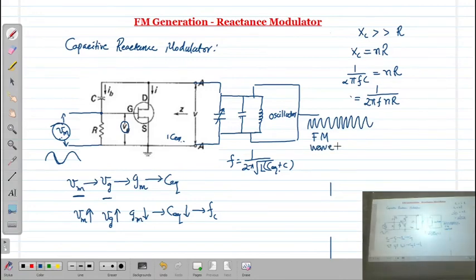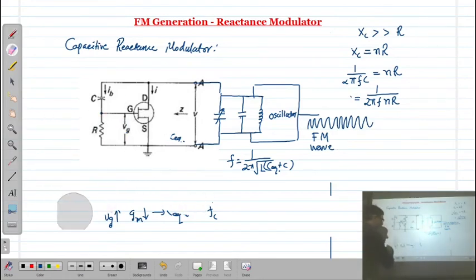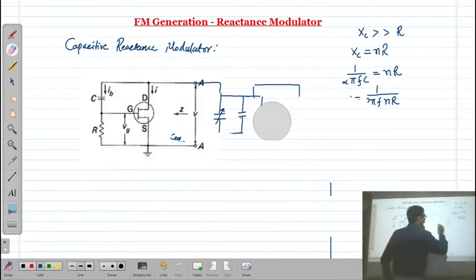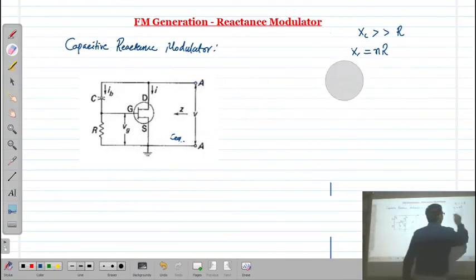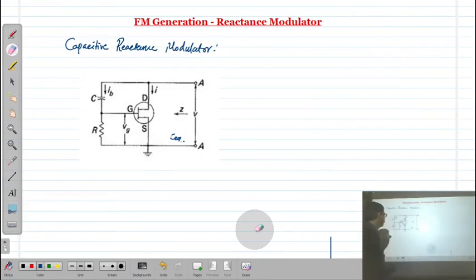So this is the basic principle of a capacitive reactance modulator. But remember, the same circuit we can also use for changing the value of an inductor.